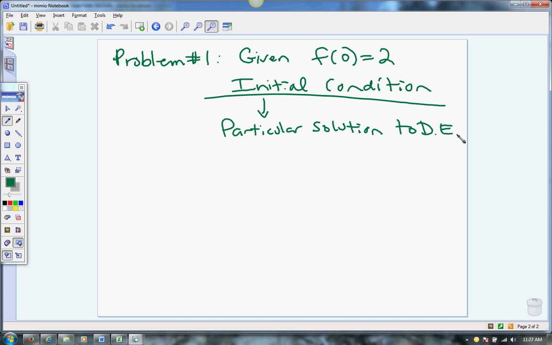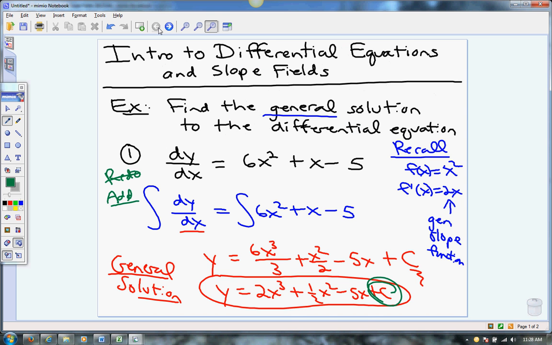It's really simple. I mean, this is really easy. Watch. If I have this initial condition, then all I have to do is take my general solution. Now, isn't y the same thing as f of x? Right?